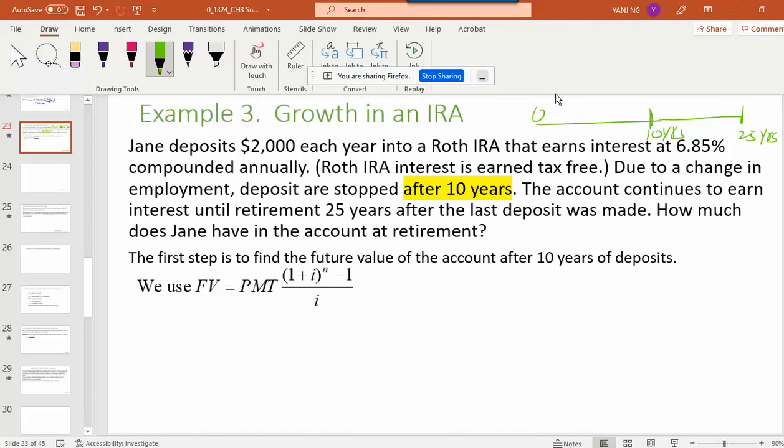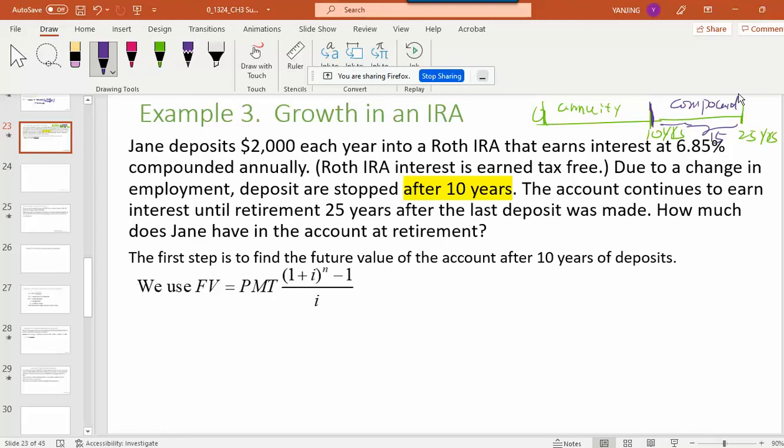The first part is an annuity. After 10 years, she didn't touch it, so this will be just compound only. It's not an annuity anymore. So the last 15 years, 25 minus 10, is just the regular compound.